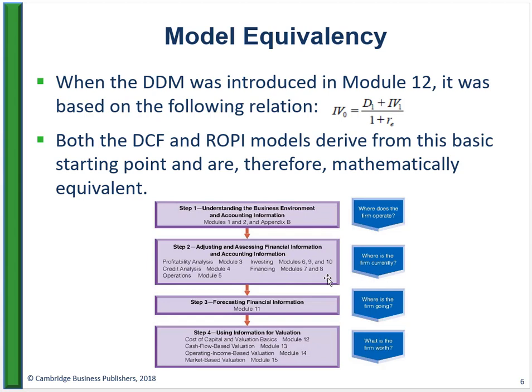We had to really dive deep into the accounting to understand how that accounting and the estimates and the forecast and any discretion that management had to make judgment calls influenced the numbers that we were using to forecast future cash flows. After any necessary adjustments, we could make our best educated guess at what we felt the future was going to look like, and that was really forecasting financial information in Module 11.